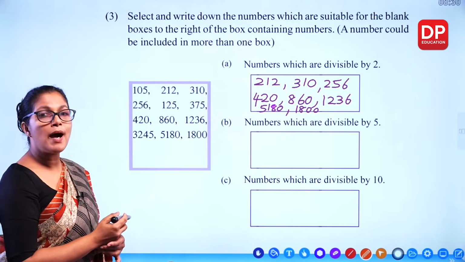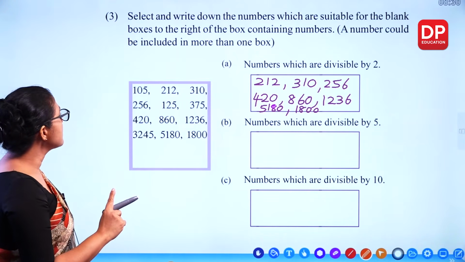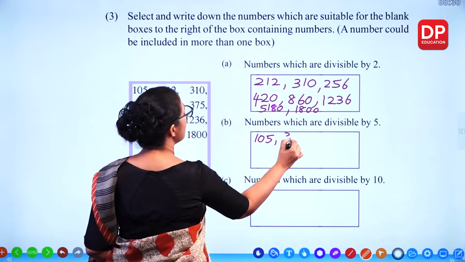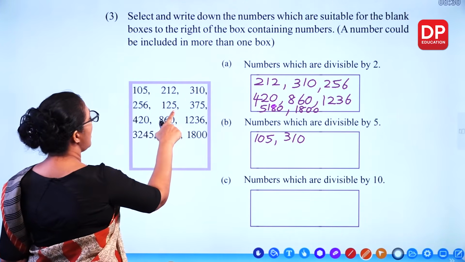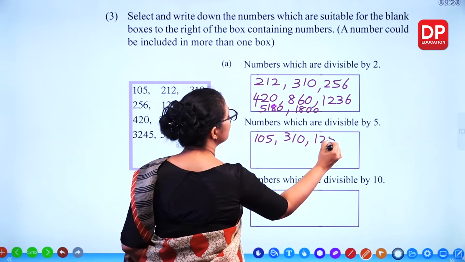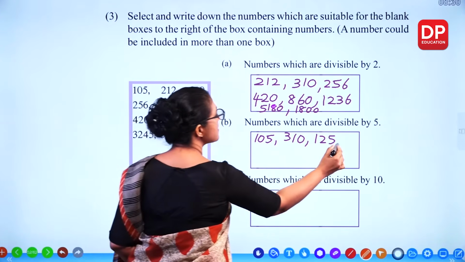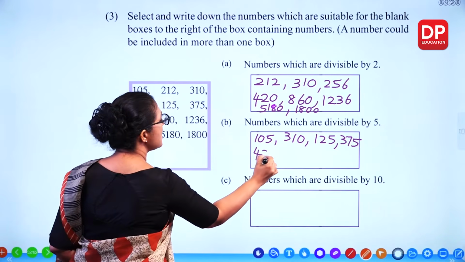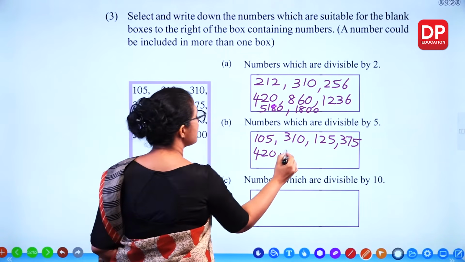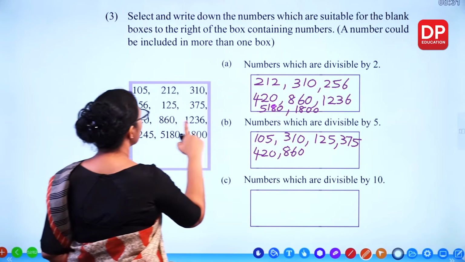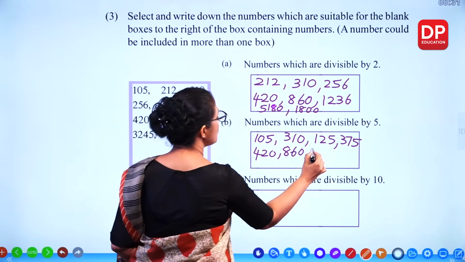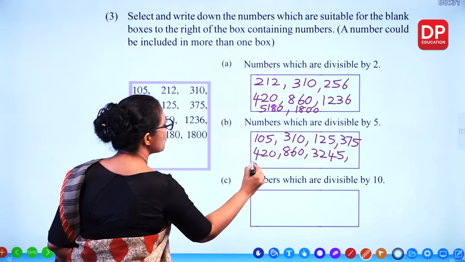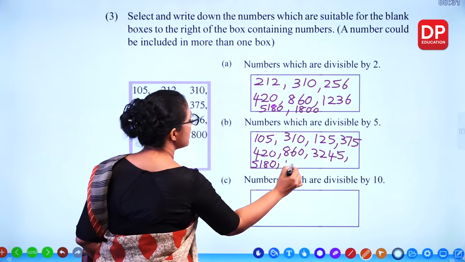Numbers which are divisible by 5. So look at the last digit, either 5 or 0. 105, 310 and 125, 375, 420, 860, 3245, 5180, 1800.